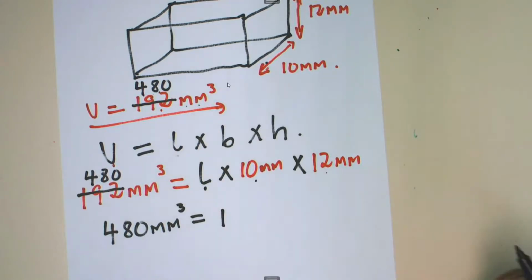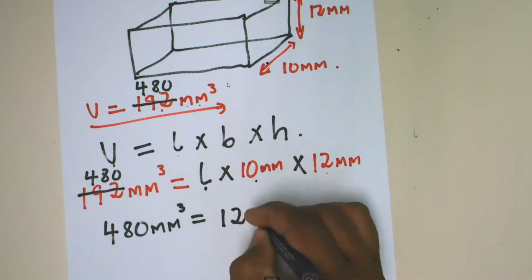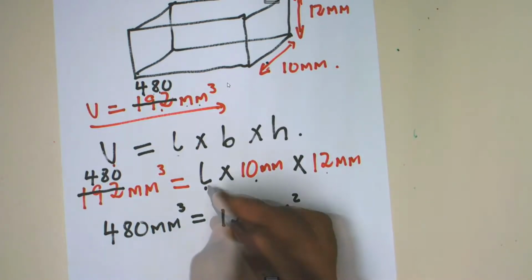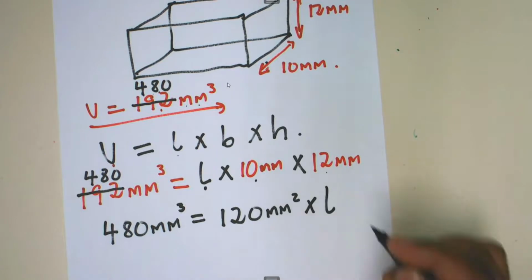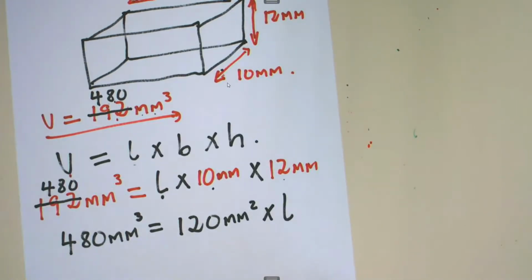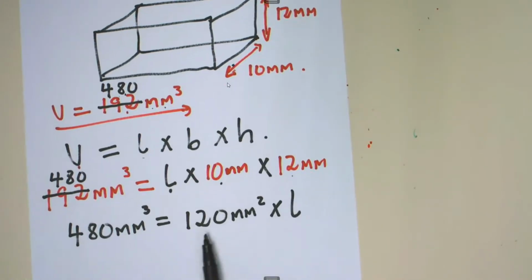Surely it will be 120 millimeter squared, and therefore multiplied by L. We are looking for the length. The length is the missing side. Now look here: I have 480 cubic millimeters, which equals 120 millimeters squared multiplied by the length.